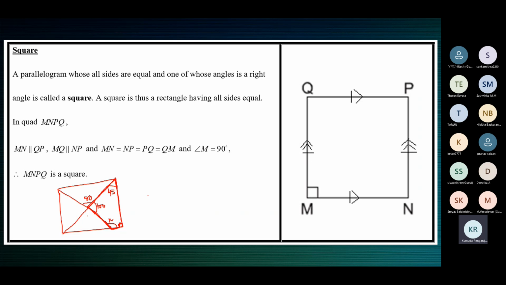So add everything equal to 360 and find x. That will be 100 plus 45, 145 plus 90, 235. 360 minus 235 is 125 degrees. Perfect.